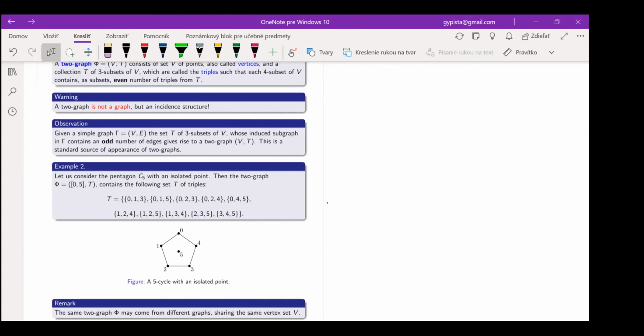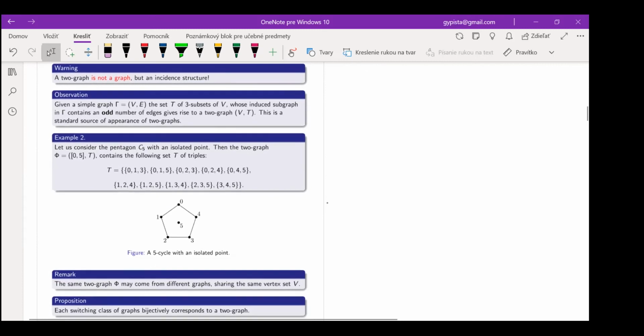If the induced graph on a selected triple of vertices contains an odd number of edges, then we put this triple into the two-graph, otherwise we do not put it there. So easy combinatorics shows that this really gives us a two-graph.